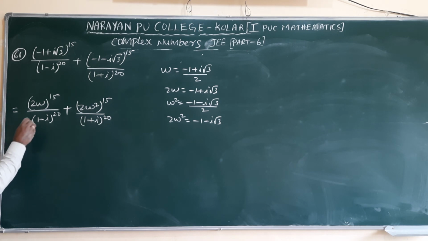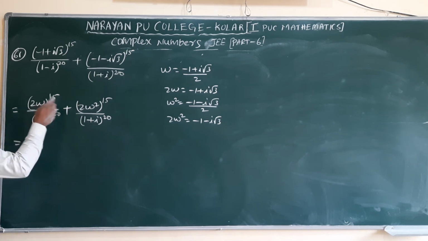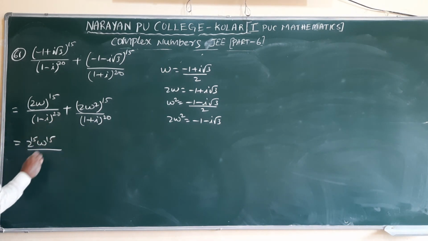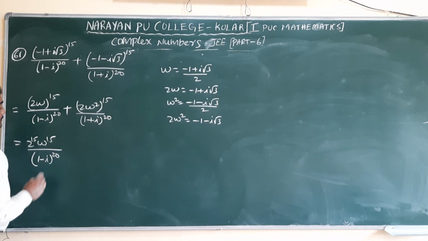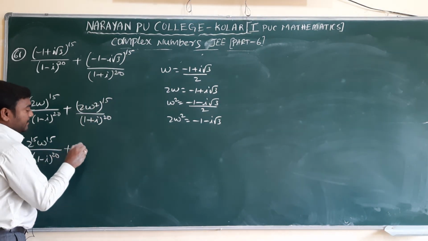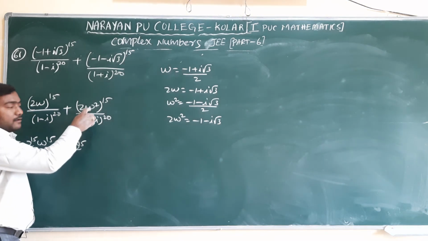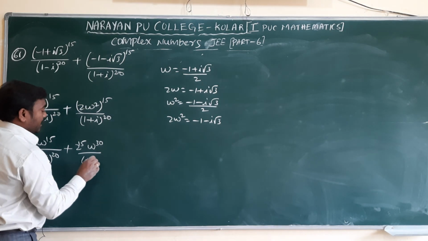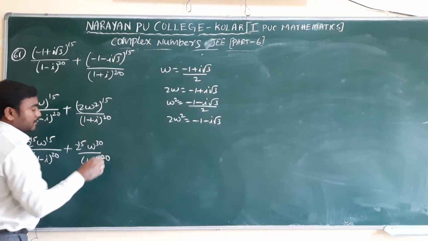That is 2 power 15 into omega power 15 divided by (1 minus i) whole power 20, plus 2 power 15 into omega power 30 divided by (1 plus i) whole power 20.